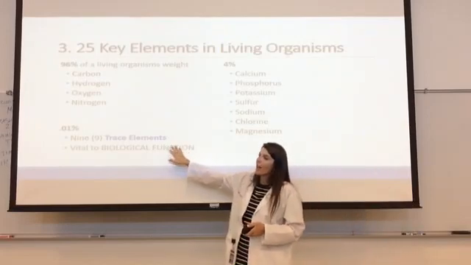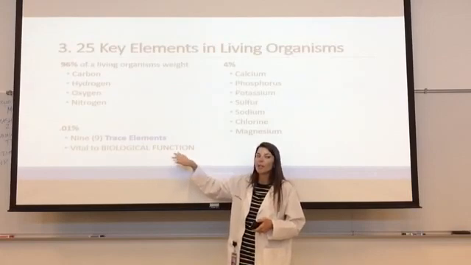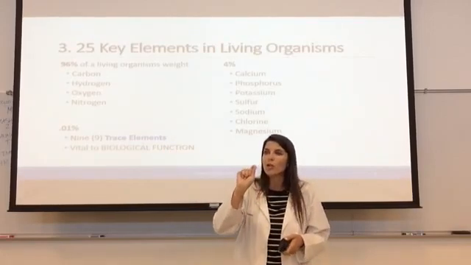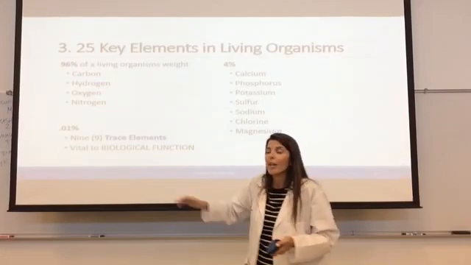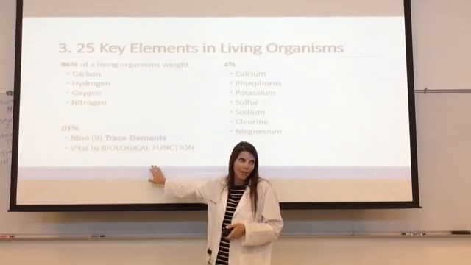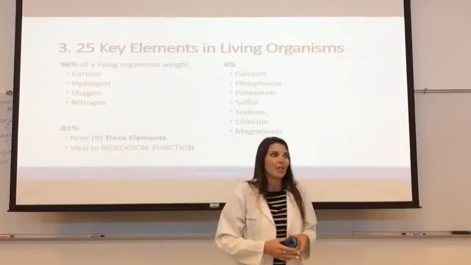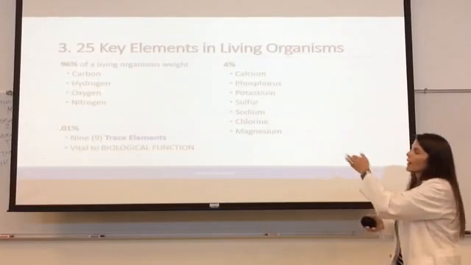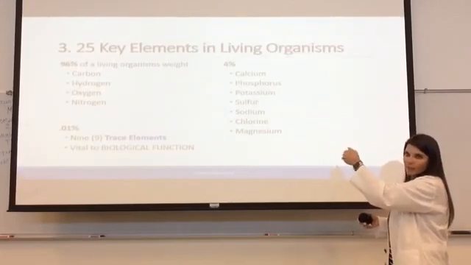So the trace elements, you don't need to be familiar with them specifically, but generally speaking, a trace element is an element that we find in such a small concentration that people think it's not important. However, it is vital to biological function. And that's how we say, if you don't have it, you die. You expire. Okay? You need to be able to recognize by visually identifying those 11.